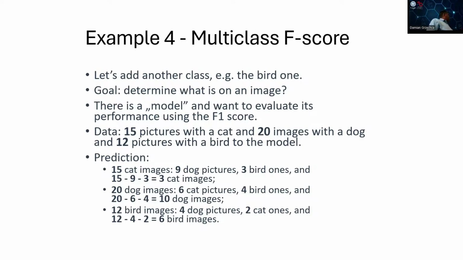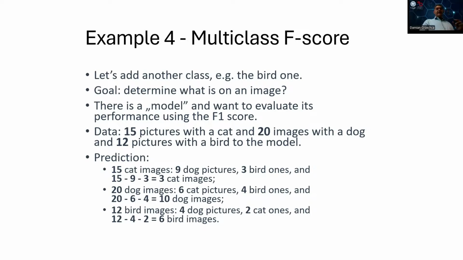Because we are asked to calculate the F1 score, and it's not so easy to find F1 for a multiclass problem. It's not a binary problem. For a binary problem, you can find precision and recall very easily. Now it's a multiclass problem.